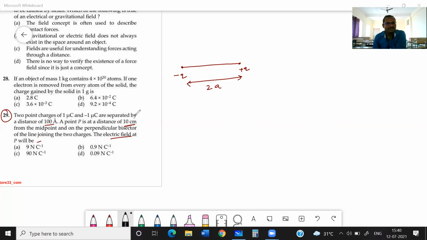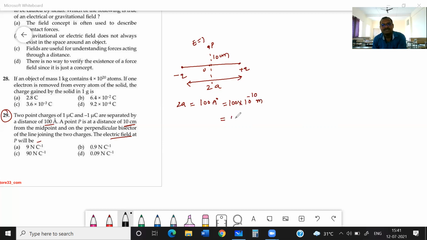Consider this the midpoint, and this is the perpendicular bisector. Now at this point, which is 10 centimeter from the center, what will be the electric field? The length of the dipole is given as 100 angstroms. Clear, students? 1 angstrom is nothing but 10 to the power of minus 10 meters.